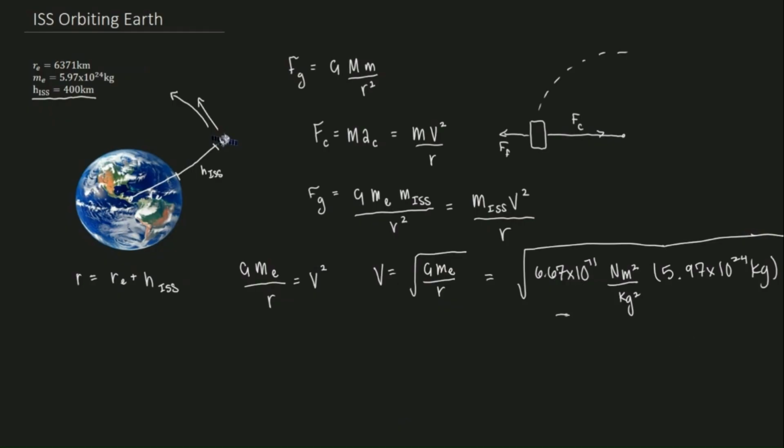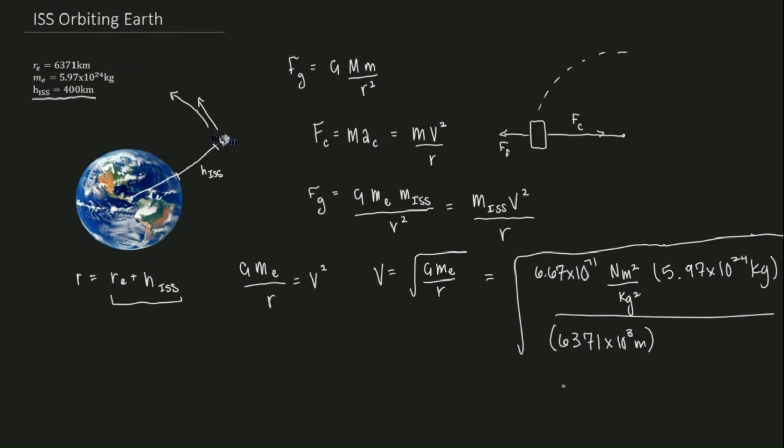All of this divided by the radial distance, and this should all be under the square root. There we go. The radial distance is the combined radial distance. So this is going to be the radius of the Earth, which I'm going to have as 6,371 times 10 to the 3 meters, because it needs to be in meters, not kilometers.